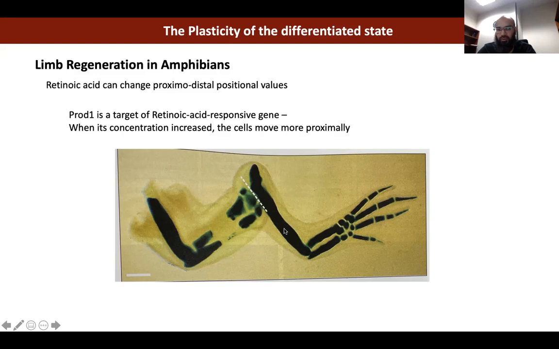So it grew back the humerus, which you can see here as well. It also grew back the ulna and radius, which are here. So this experiment showed that retinoic acid can change the proximal distal positional values, and it's very important to regulate the levels of retinoic acid then. And PROD1 is a target of retinoic acid responsive genes. And so when its concentration is increased, the cells move more proximally. So the cells can generate structures more proximally.